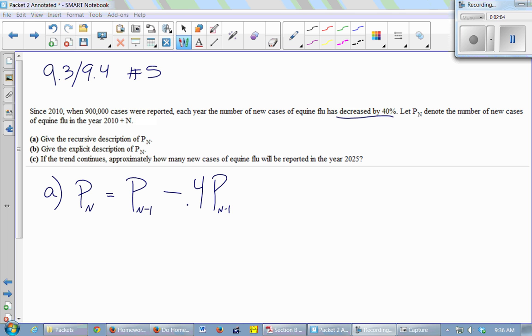What could I write instead that's just a little quicker? Yeah, if I'm losing 40%, I'm keeping 60%. So I could just say 0.6 of however much I had last year. And the algebra bears this out also. This says P sub n minus 1 minus 0.4 P sub n minus 1 would leave me with 0.6 P sub n minus 1.